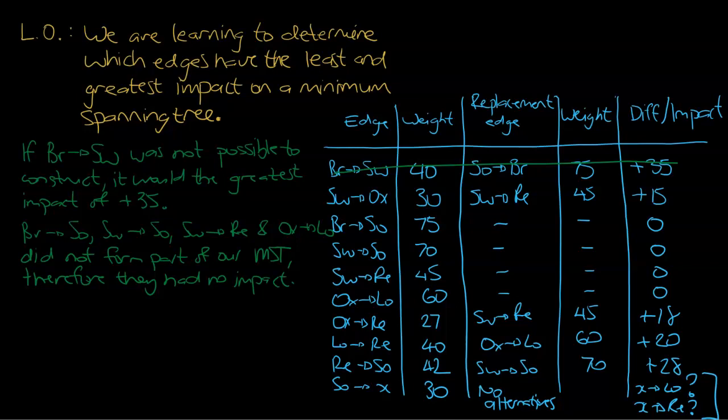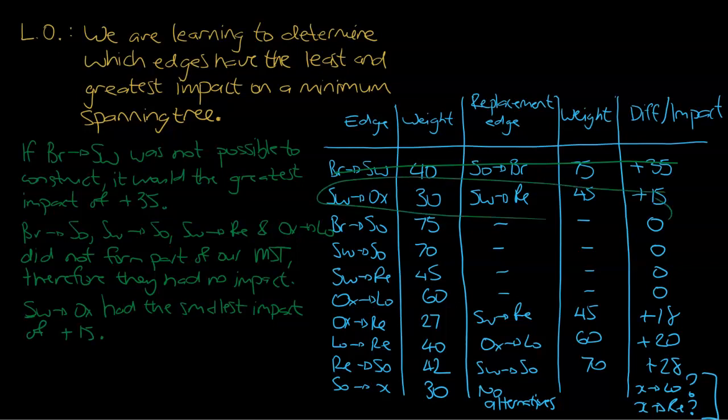So Swindon to Oxford, so SW to OX, had the smallest impact of plus 15.